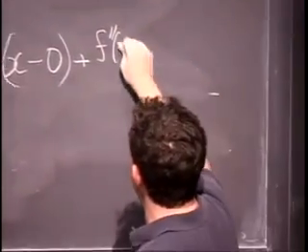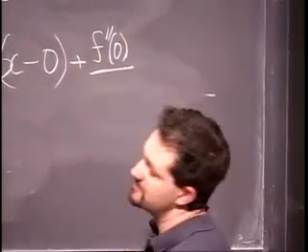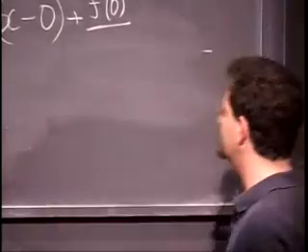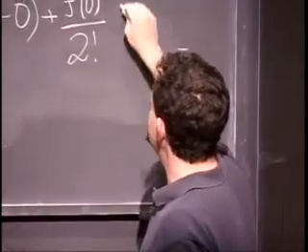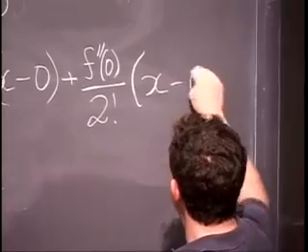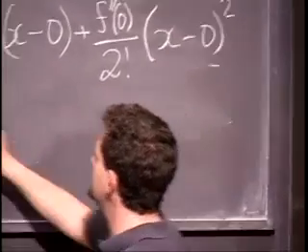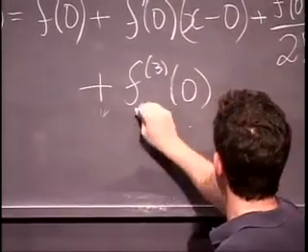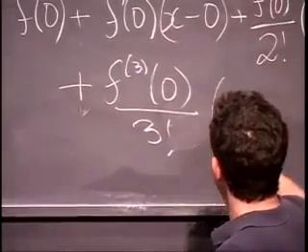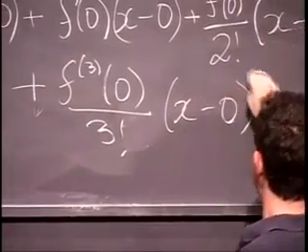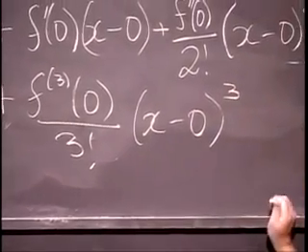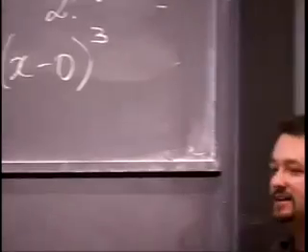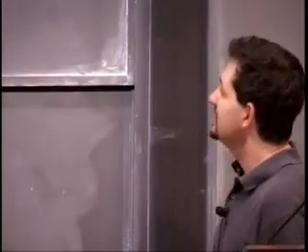Plus the second derivative, I'm substituting on the fly a equals 0. That's what I meant to say. The second derivative over 2 factorial, x minus 0 all squared, plus the third derivative over 3 factorial times x minus 0 all cubed. That's the definition of p3 of x, and I simply replaced a by 0.